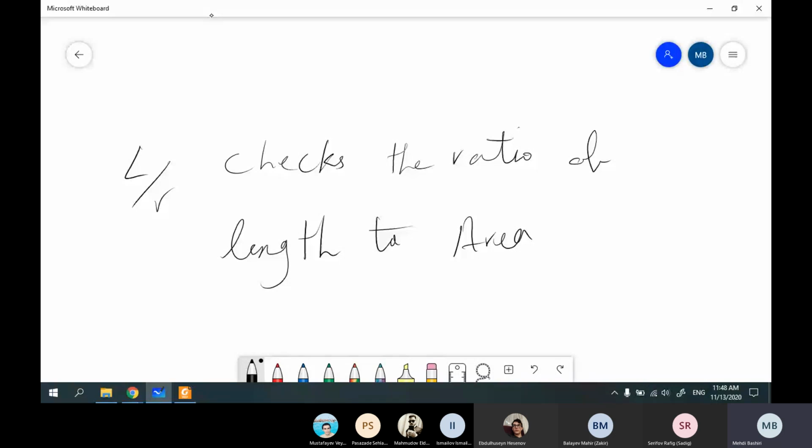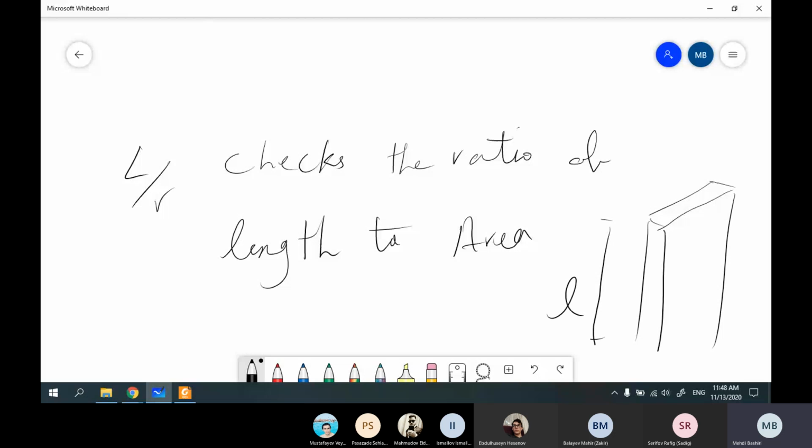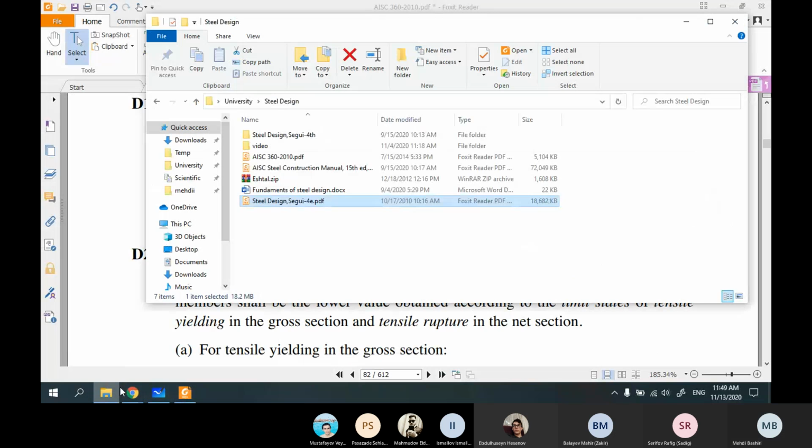What is L? It's obvious, it's length. For this member, for example, L is the length and R. What is R? Radius of gyration. Radius of gyration. What is this?